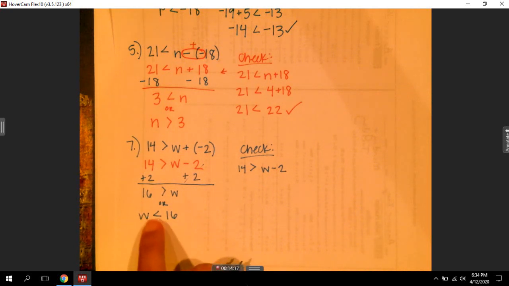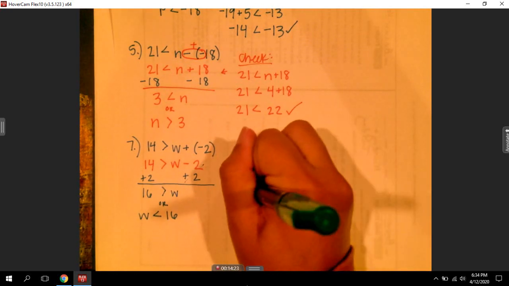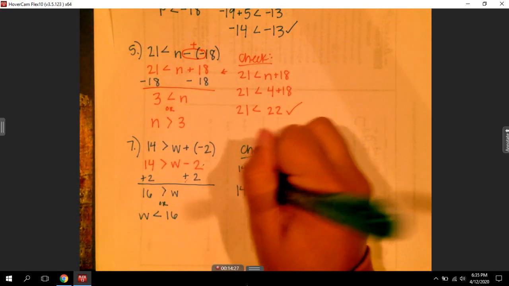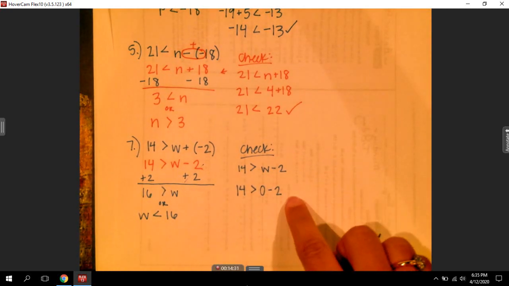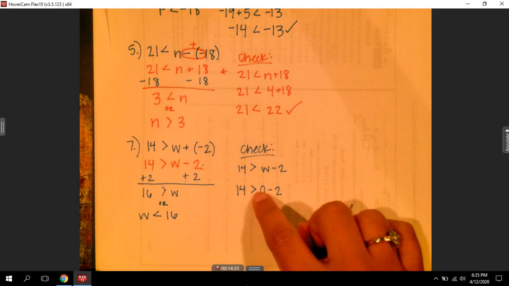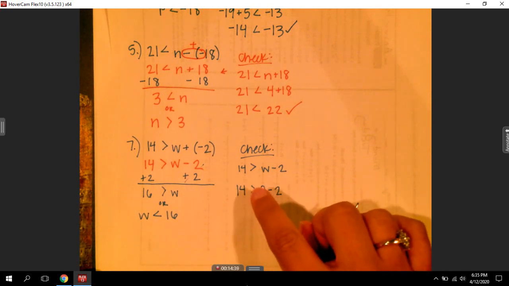So I'm going to say that 0 is w. So that means I have 14, which is greater than 0 minus 2.